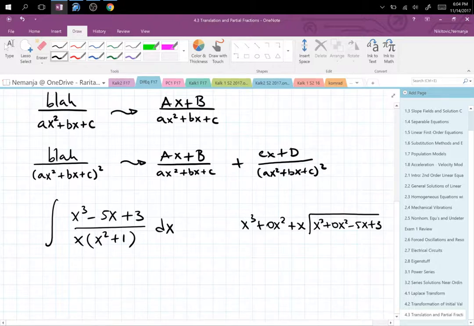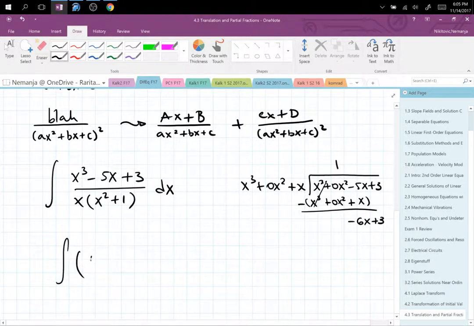This is going 1, and then you multiply it back, you get your x cubed plus 0x squared plus x, and then when you subtract all of this, these die, you get negative 6x plus 3. That is your remainder, because x squared is not going to go into negative 6x. So this problem is the integral of 1 plus negative 6x plus 3 divided by x squared plus 1 dx.